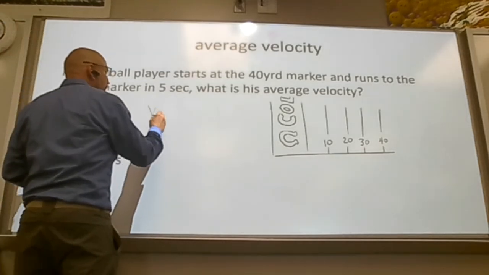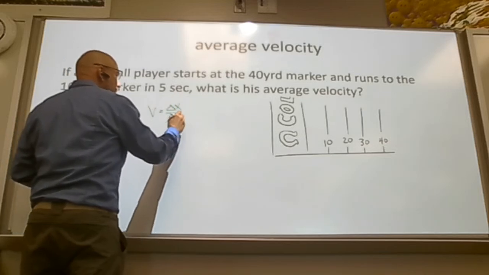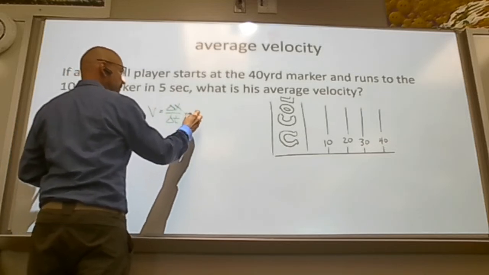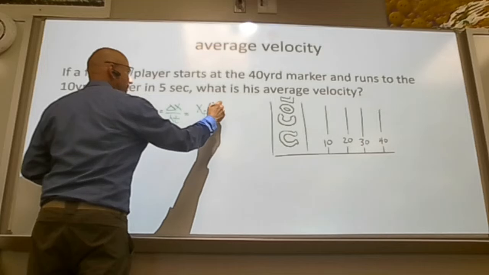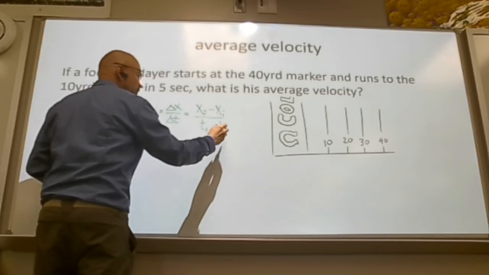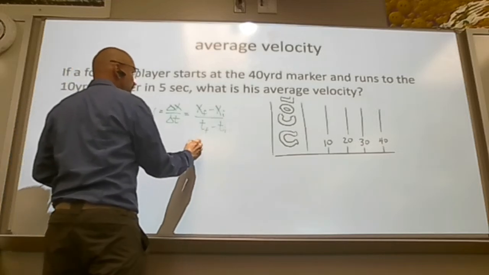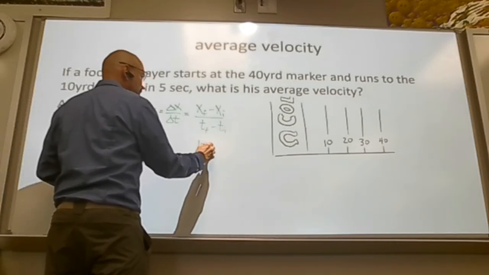All right. So your velocity is equal to displacement over time duration. So final position minus initial position over final clock reading minus initial clock reading. Your final position was 10 yards.